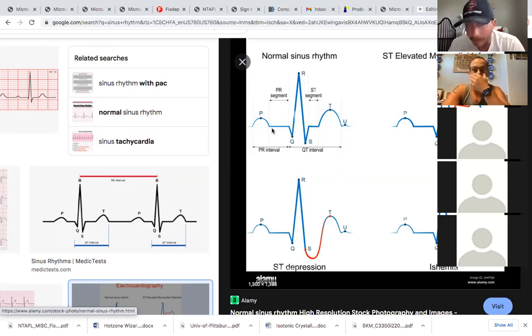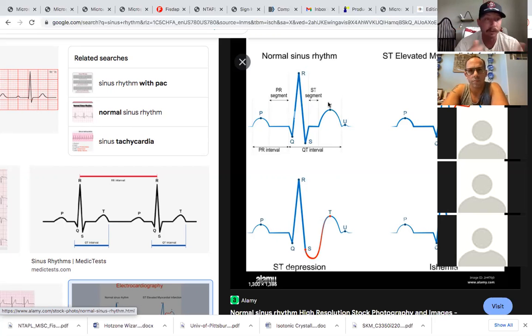All right, so remember, guys, your P wave represents your atrial depolarization. We want your P waves to be upright and round. Remember, the direction of your waves is in relation to the lead and the view that you're looking at that myocardium, and if that depolarization is traveling towards that positive lead or if it's moving away.